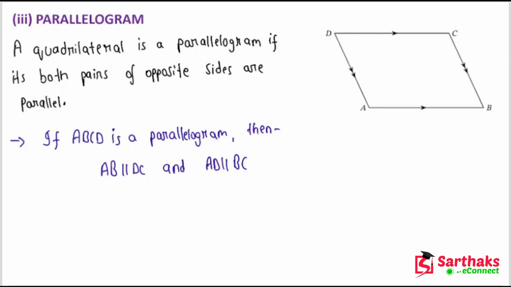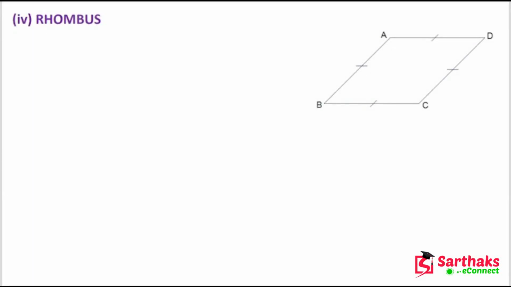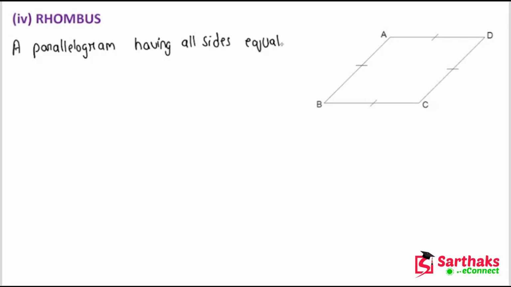So let us talk about the next figure, which is just like the son of parallelogram, and it is rhombus. Rhombus is exactly the parallelogram. The only difference is in parallelogram opposite sides were equal, in rhombus all the sides are equal, right? So since it is a parallelogram, we can define it as: a rhombus is a parallelogram having all sides equal.